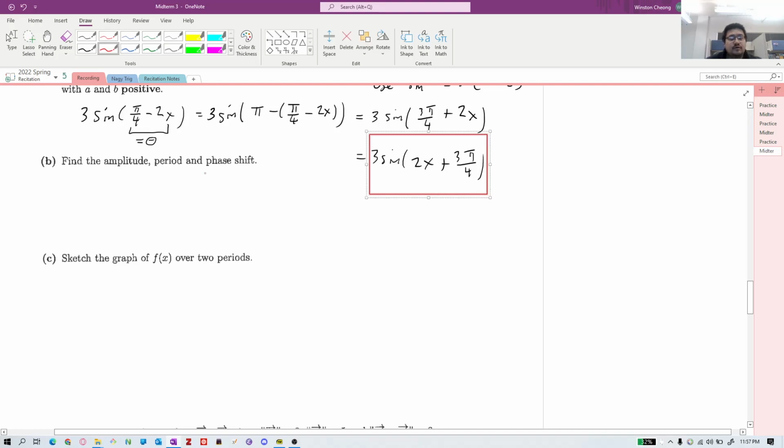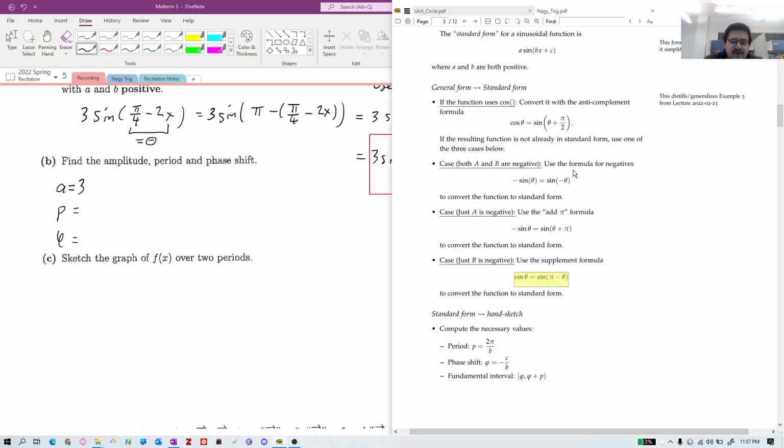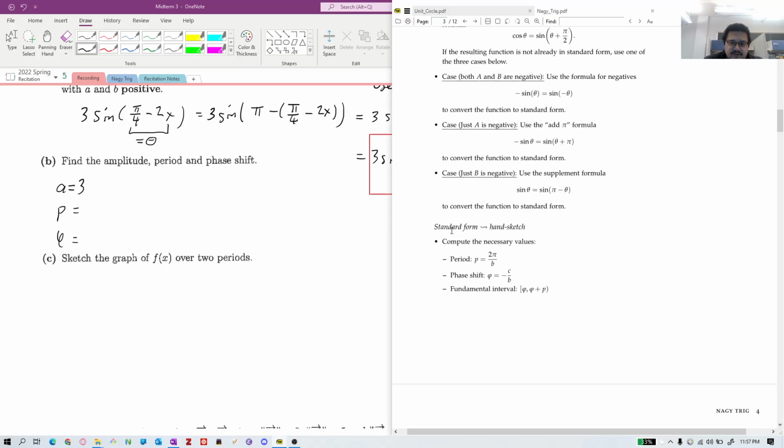Right, so from that, can we read off the values? For amplitude, we know it's 3. Amplitude is the number in front. For the period and the phase shift, there are formulas for those. Standard form to hand sketch, that's what these are.